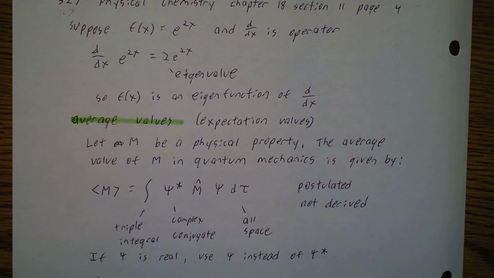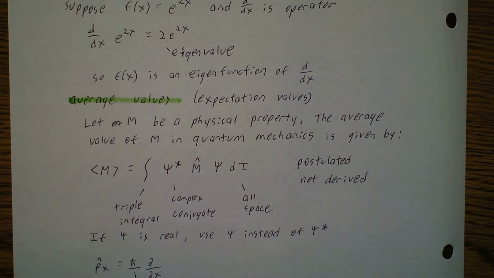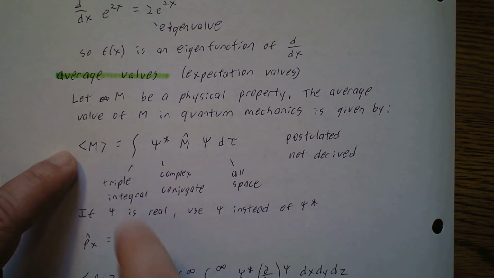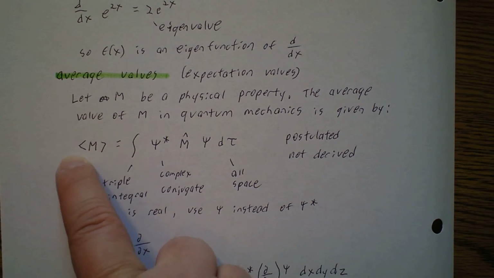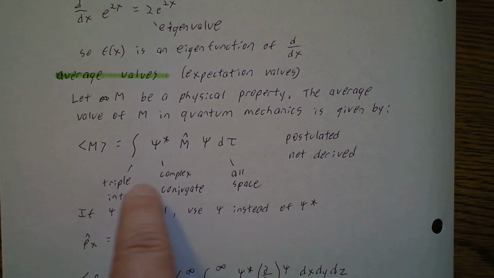Now let's talk about average values or expectation values. Okay, let M be some physical property. The average value of M in quantum mechanics is given by this equation. Notice M in brackets like that, that means average value of M. So we have this integral. It's understood that it's a triple integral because we're in 3D space here.